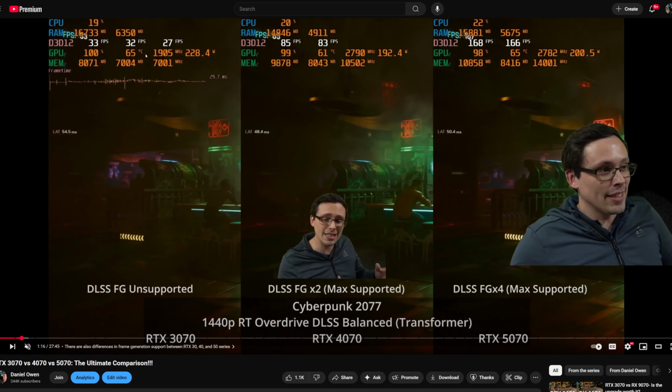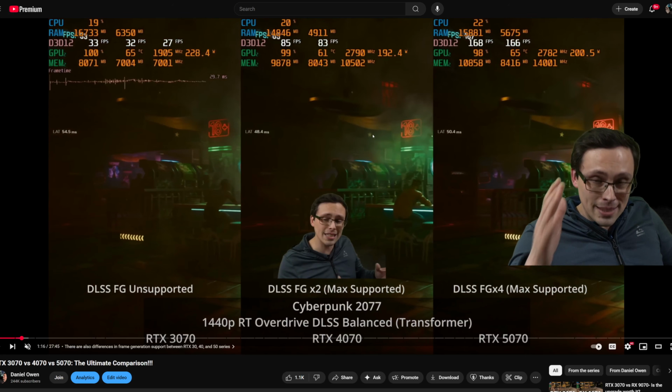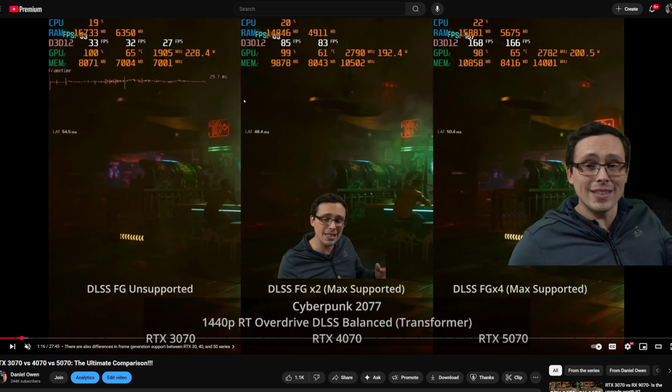Notice, interestingly, that 32 FPS without frame generation on the RTX 3070 isn't many milliseconds different in latency compared to the 80 FPS or so achieved through frame generation, or even the 166 FPS achieved through multi-frame generation. All of these are just a few milliseconds off of 50 milliseconds of latency.